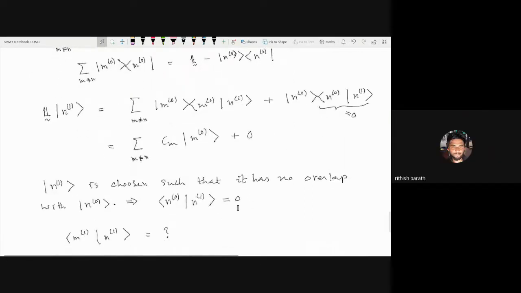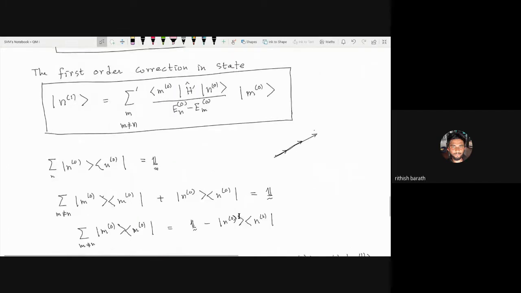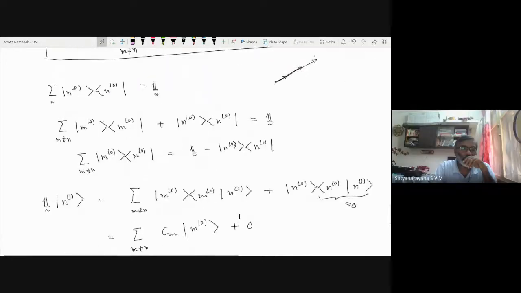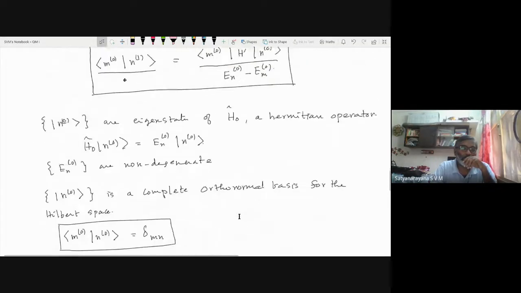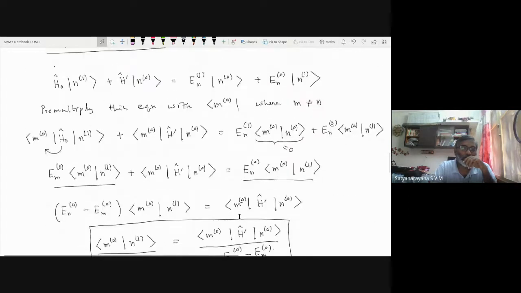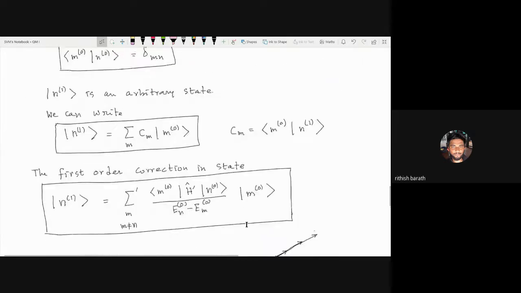And I think you have also chosen m0 and n1 as orthogonal, right? No, m0 and n1 I have never set to 0. m0 and n0 only I have set to 0 here. Yes, m0 and n0. So similarly, will m1 and n1 be orthogonal? That's what I said here.